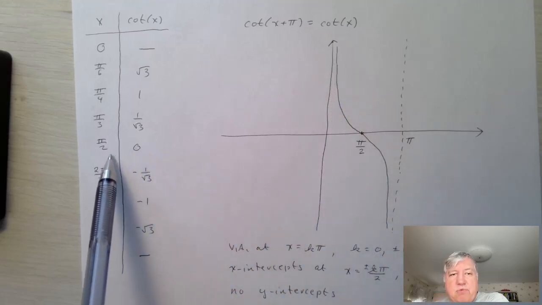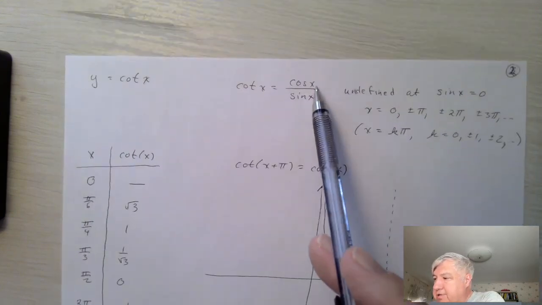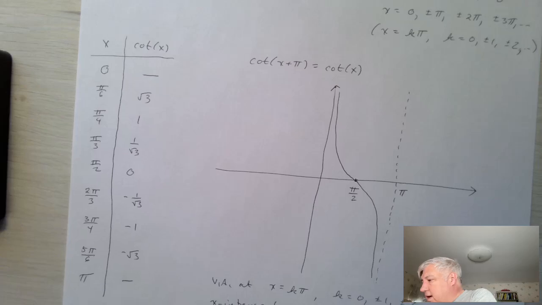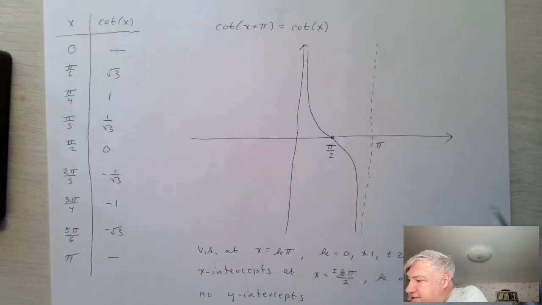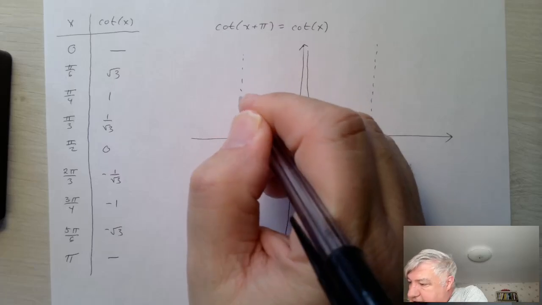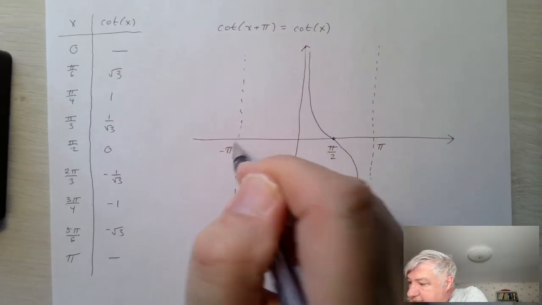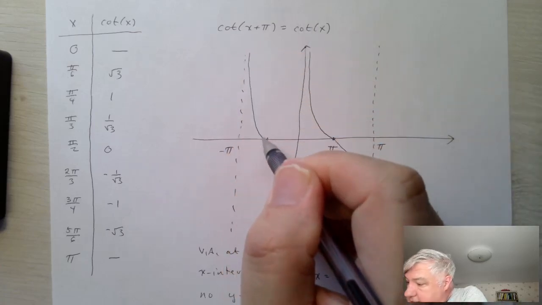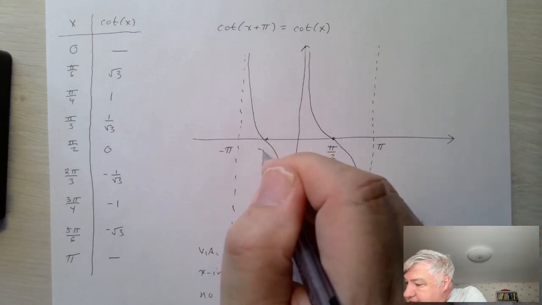Okay, of course, at pi over 2, the cotangent will be 0 because the cosine is 0 and the sine is 1. And just like we did before, this repeats, so we can have another asymptote here at negative pi, and have something like that, and this will be at minus pi over 2.